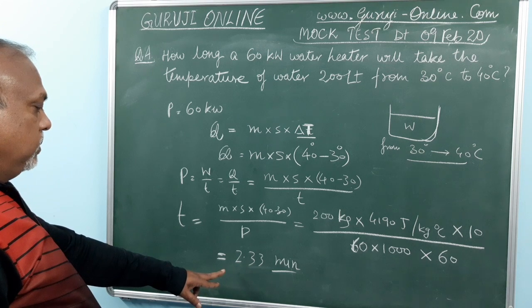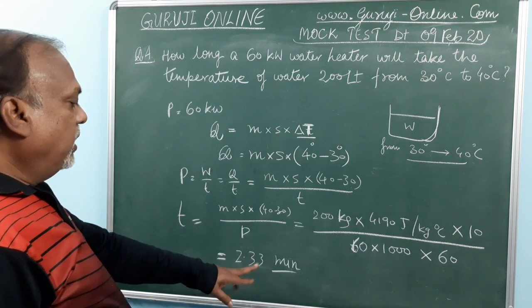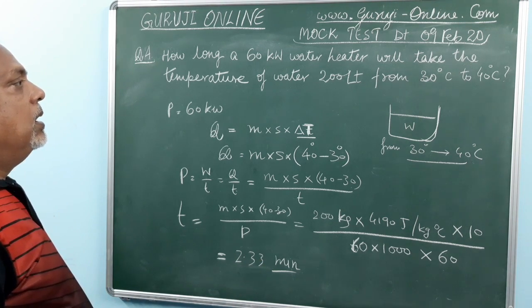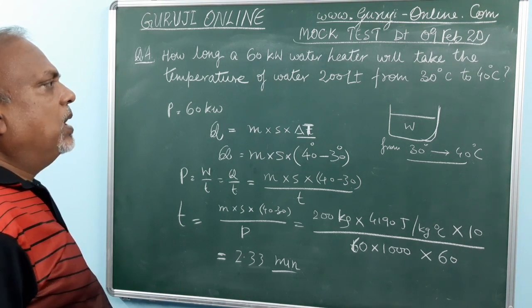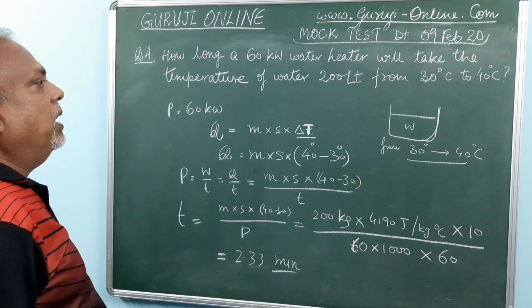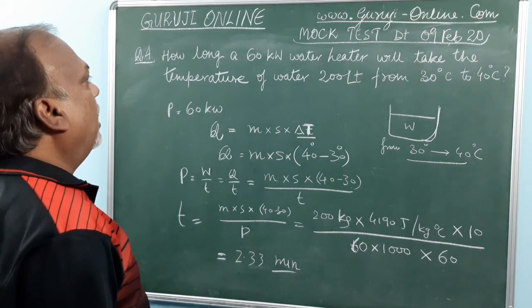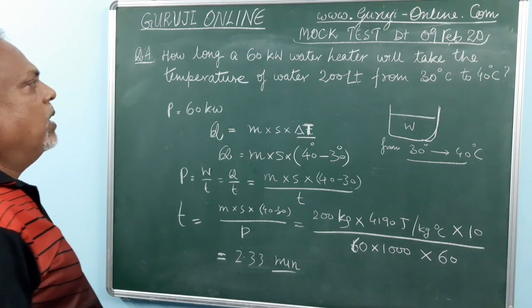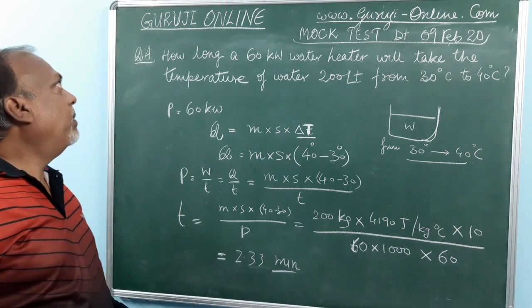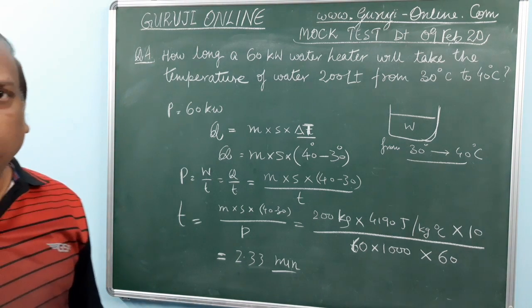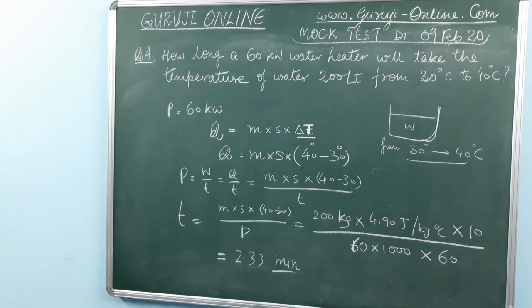So, in 2.33 minutes, the temperature of the water will be raised from 30 degree to 40 degree with a 60 kilowatt water heater. So it is a simple problem, but a practical problem. So now we will go to the fifth problem.